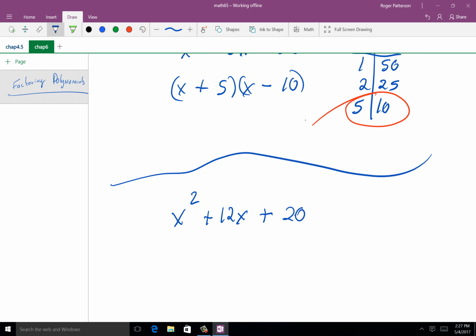There we go. Lost my train of thought there. Okay, plus 20. Alright, so I have the x and x there. It's a plus 20. I got to add a 12. I only got 2 answers.